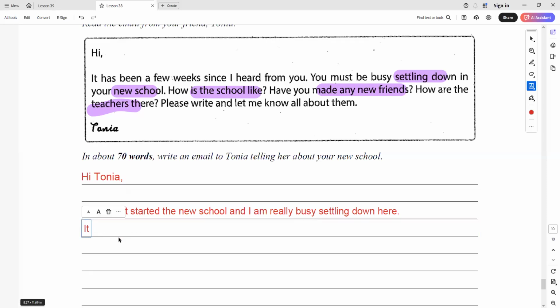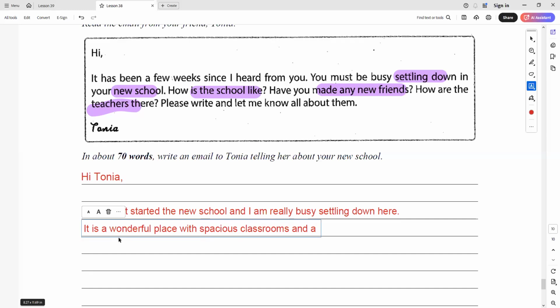It is a wonderful place with spacious. Spacious means 很宽敞的 classrooms. And it's a wonderful place with spacious classrooms and a library, okay?